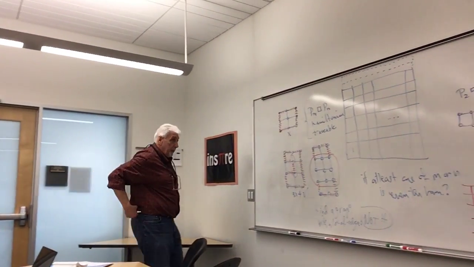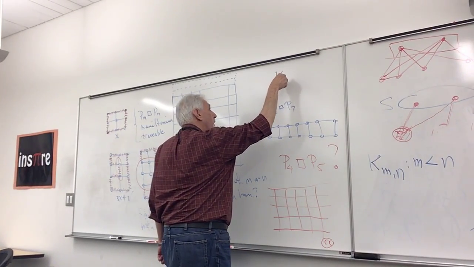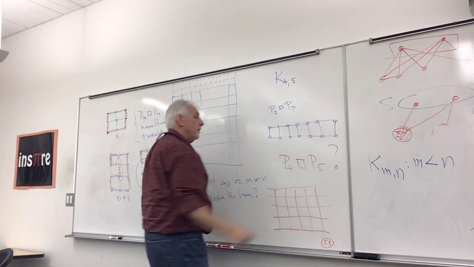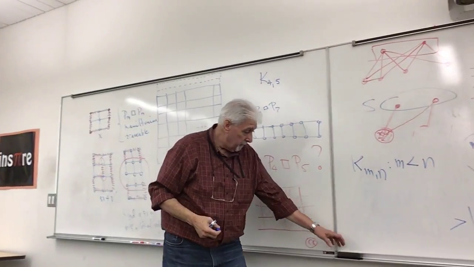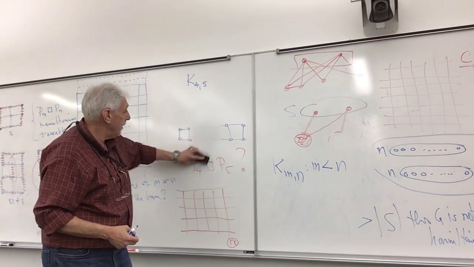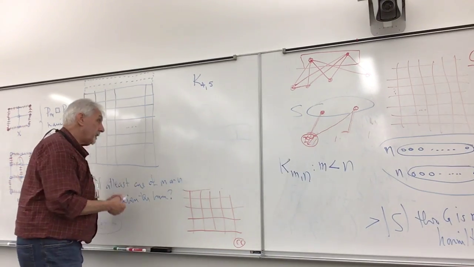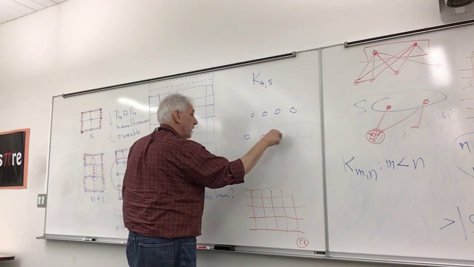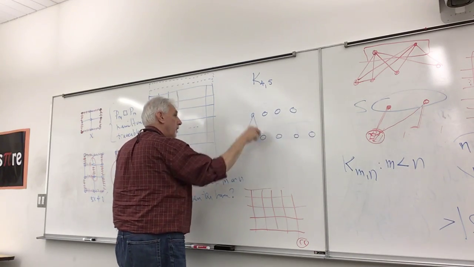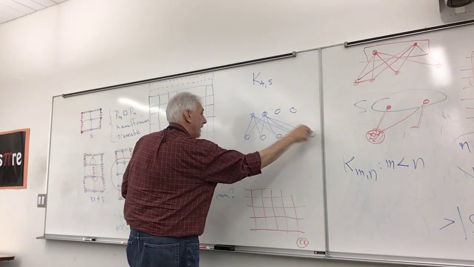Let's make it even clearer. K_{4,5}. I can draw that. It's got nine vertices: four vertices and five vertices. And the question is, is this Hamiltonian?